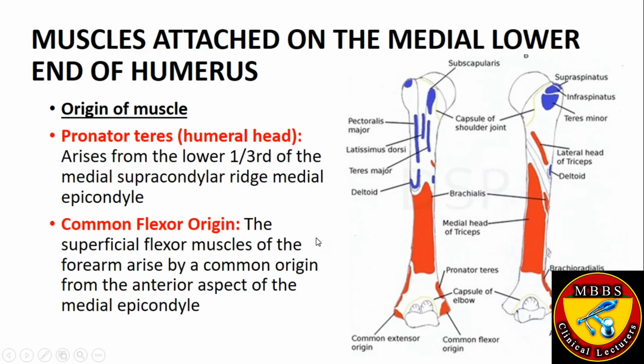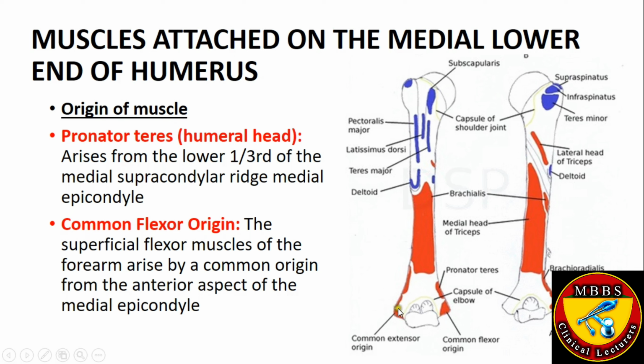The pronator teres humeral head arises from the lower one-third of the medial supracondylar ridge and the medial epicondyle. The common flexor origin: the common flexor muscles of the forearm arise by a common origin from the anterior aspect of the medial epicondyle.